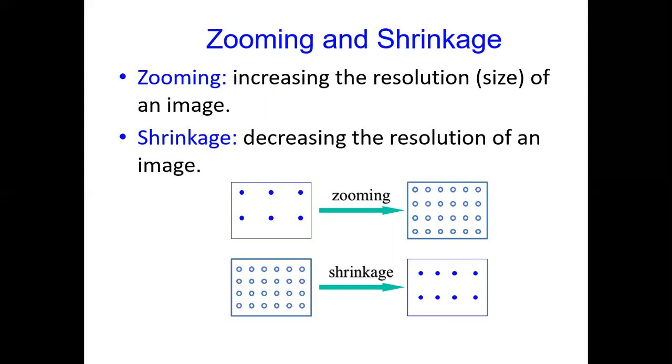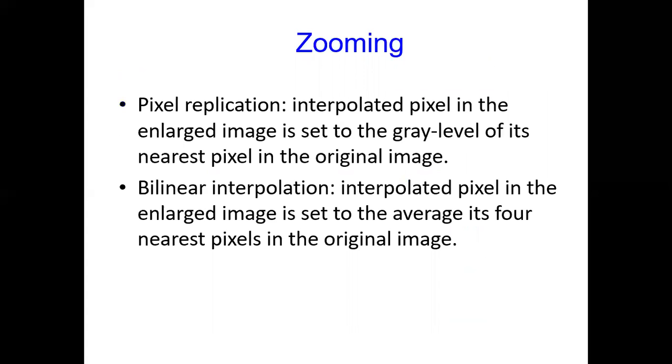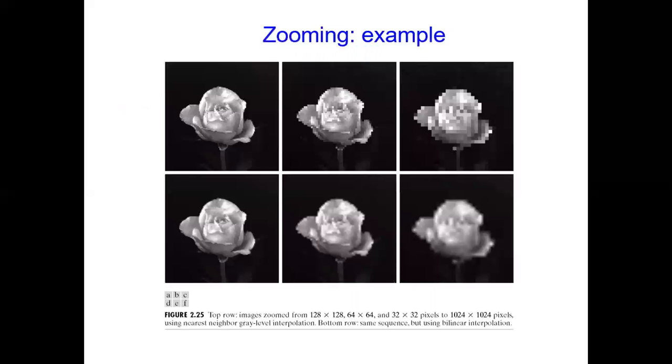In pixel replication, an interpolated pixel in the enlarged image is set to the gray level of its nearest pixel in the original image. In bilinear interpolation, the interpolated pixel in the enlarged image is set to the average of its 4 nearest pixels in the original image. This is an example of zooming.